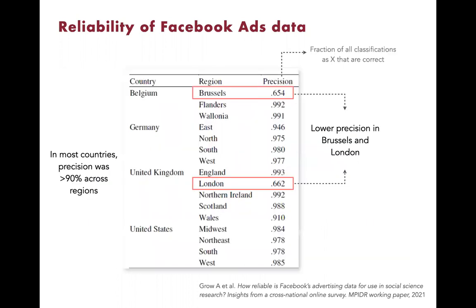So when we look deeper at the level of precision across regions, we observe that the issue is in particular in Brussels and London, while for the other regions, the precision is over 0.9, meaning that the region reported by respondents often matched the Facebook classification.